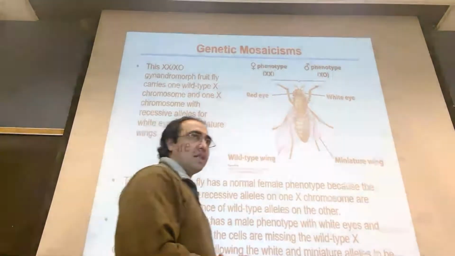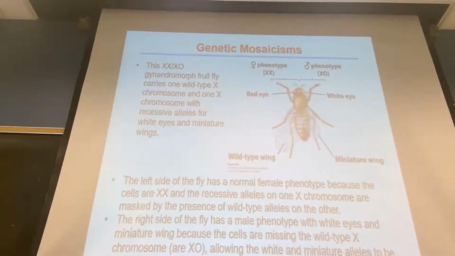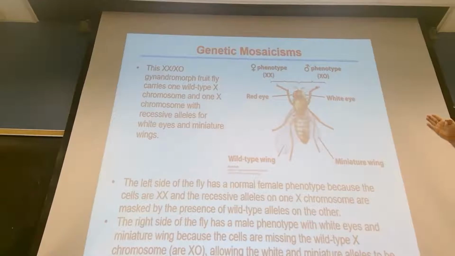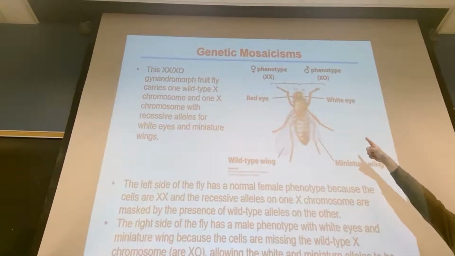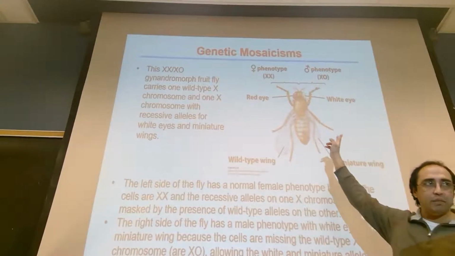In X0 condition, the white type is prominent. In XX condition, the red type is prominent. Some cells contain XX, some cells contain X0. In such case, in one offspring, you can have two characters. One side the eye is red, another side the eye is white. This is called genetic mosaicism.